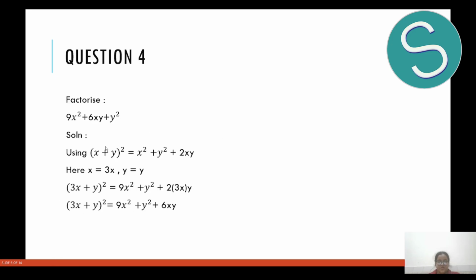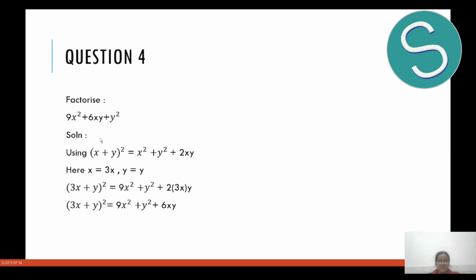Next question is we have to factorize this expression. How we can do so is we will first look at the question. So this is 9x square. We know this is the square of 3x, right? And this is y square, so this is the square of y only, and this is 6xy. So this can be written as 2 into 3x into y.